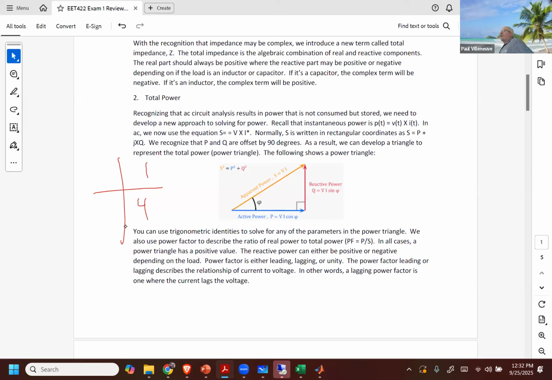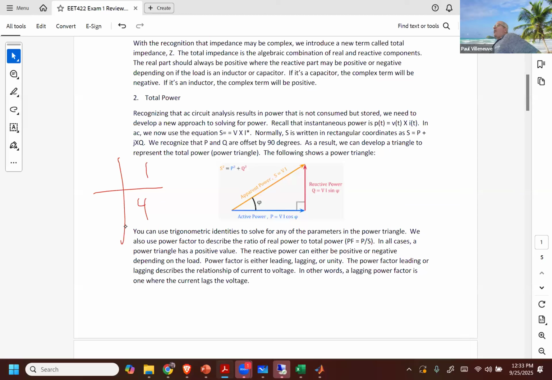Whether it's a load or a source, power is really what's going to dictate the direction of the current. And that might be a little bit of a flip around because what you were probably taught is current dictates a lot of things. No, it's actually power. Is it a source? Is it a load? Then power is either going in or coming out of the different pieces of equipment.